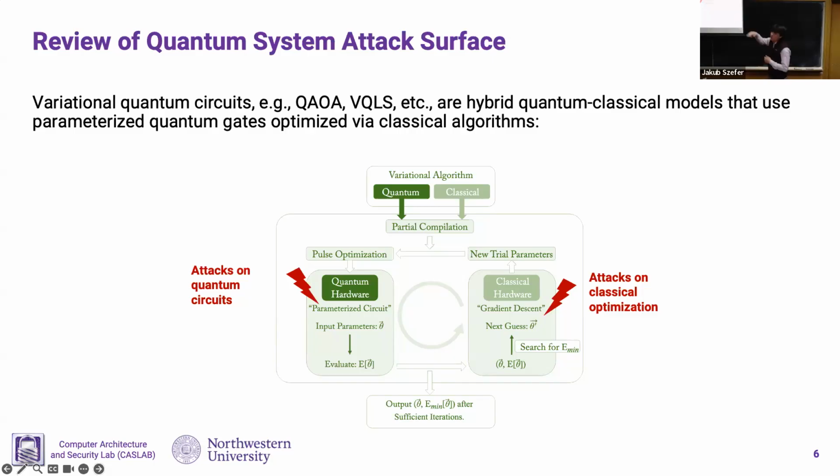If you can somehow mess up the optimization, you'll end up at the wrong circuit. That's a really good point. And maybe you can arrive at the wrong result, or maybe you can just waste a lot of quantum resources, which will cost them money. That's a very good observation. So we can have these QAOA circuits, for example, that have this tight loop between the quantum and the classical hardware.